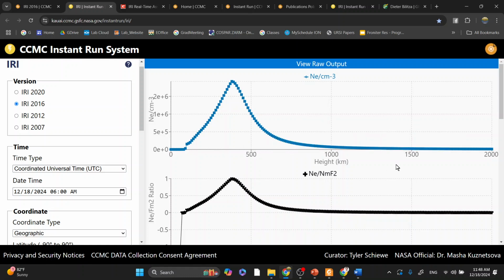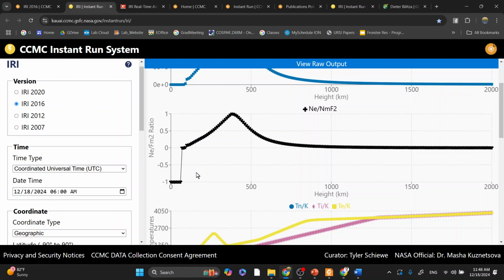Anyway, here's the electron density at different heights, from 0 all the way to almost 3 million electrons per cubic meter. The peak is around 300, around here.